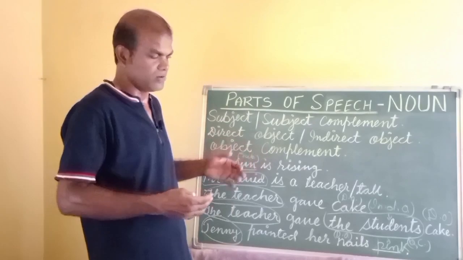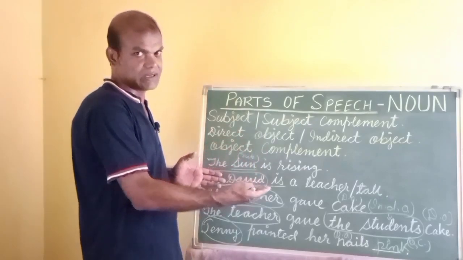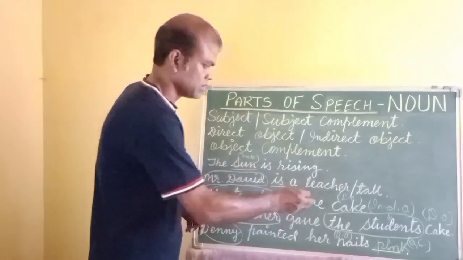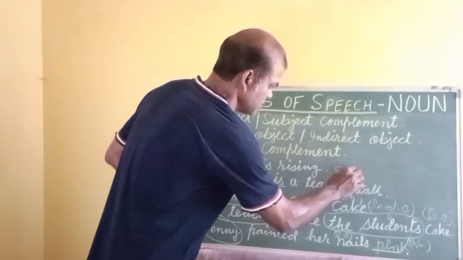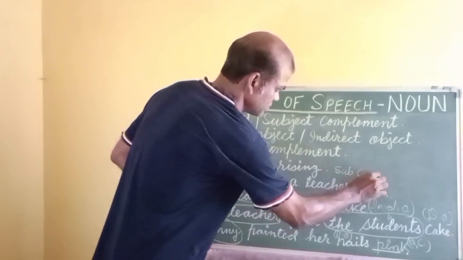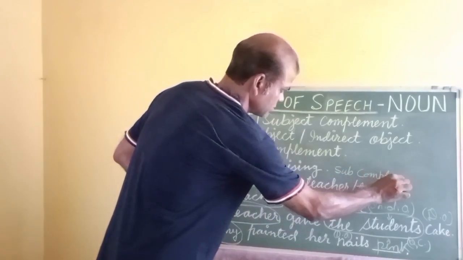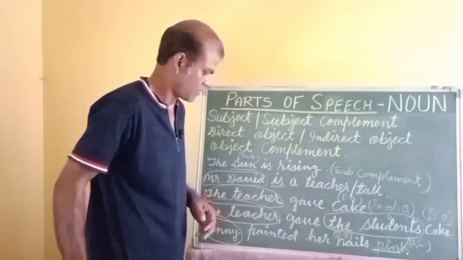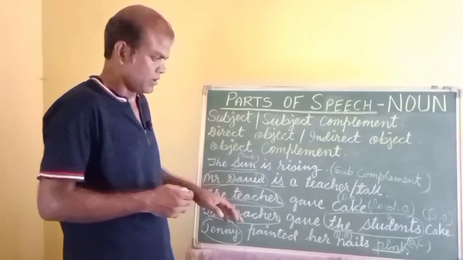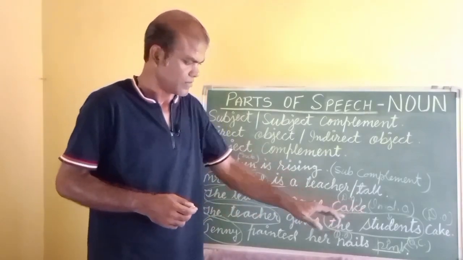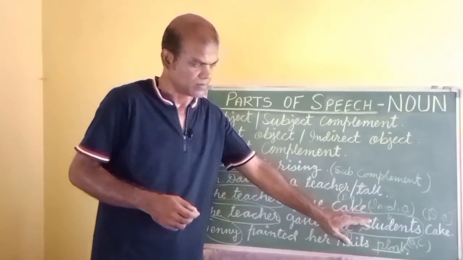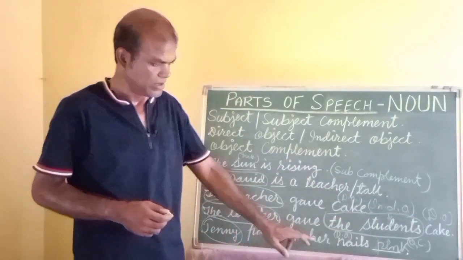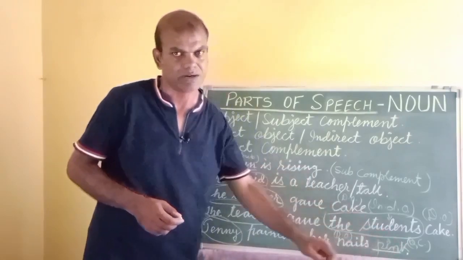Now this is how the noun appears in a sentence: as a subject or as a subject complement, and it can appear as direct object, then as indirect object or direct object, or as direct object or object complement.